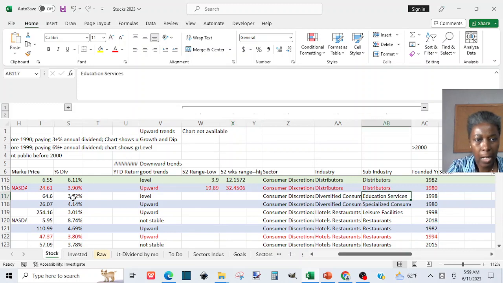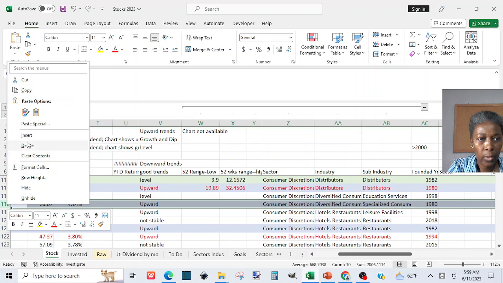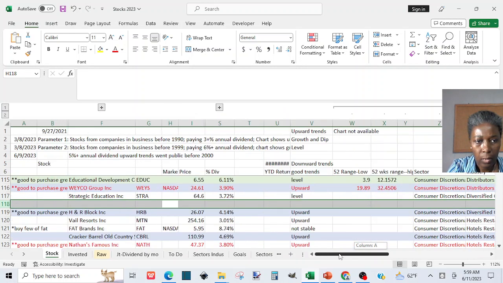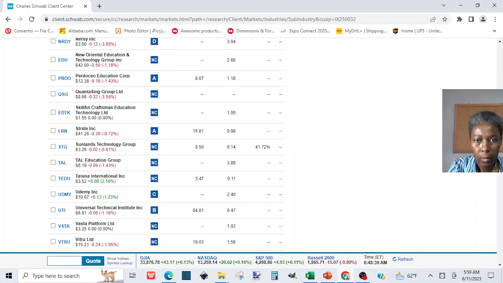So I think I have a spot here, and we can just include that company that didn't make it to here. Let's see if I can copy it.